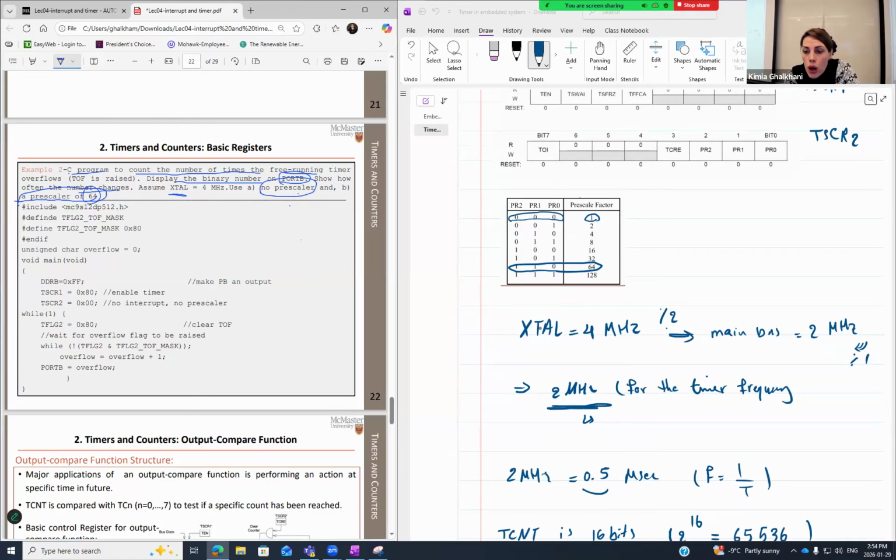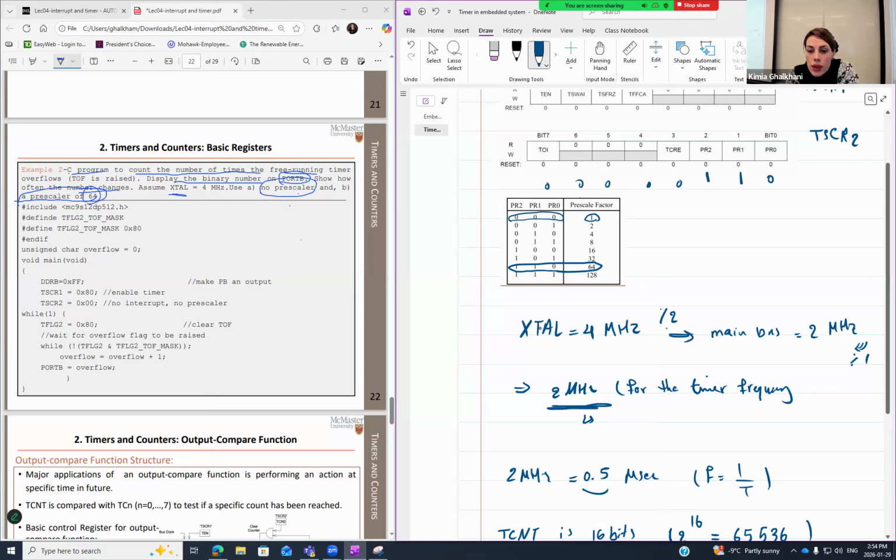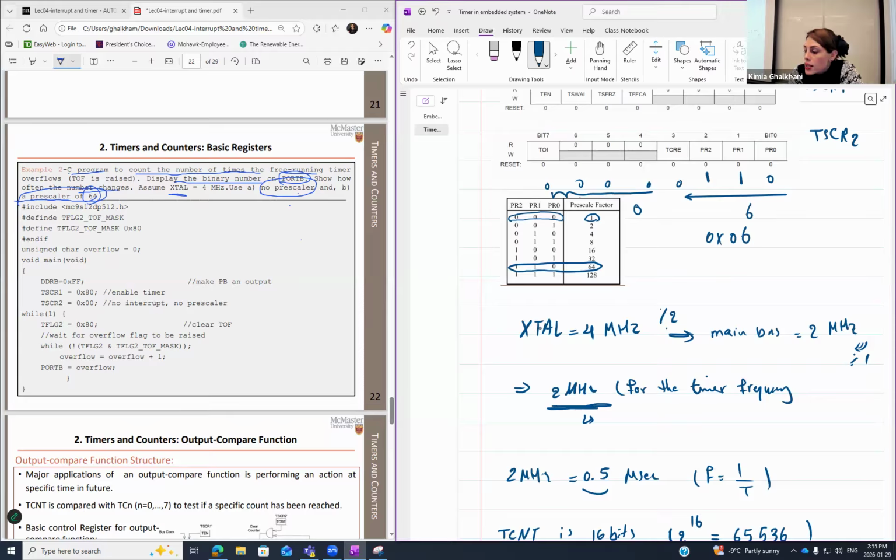In R2, I have to put down 1, 1, 0. Then this will be what I have. Everybody should know this is 0. And what is this in hex? 6, right? This is 6, and if I convert it, it becomes 0x06.